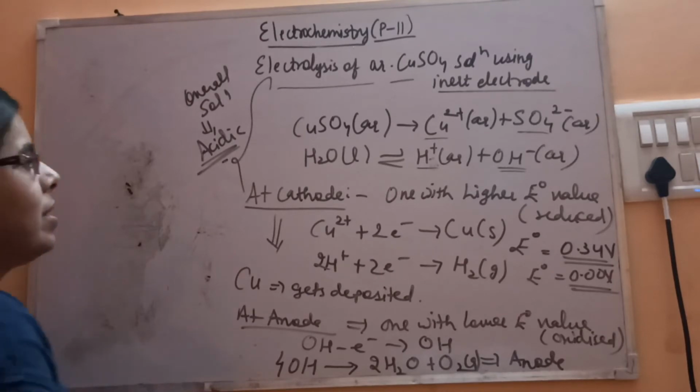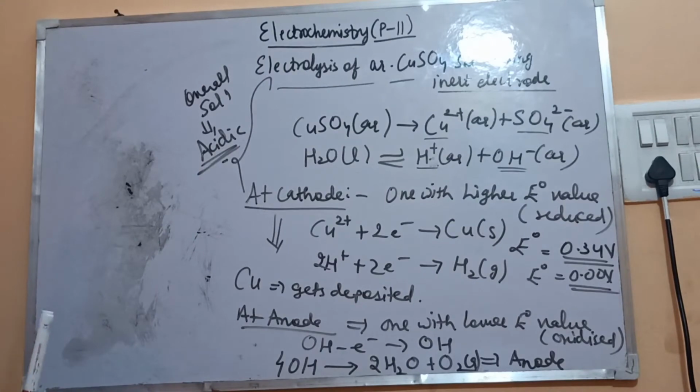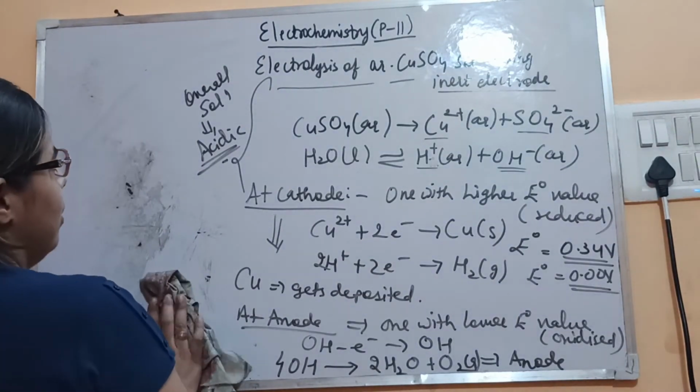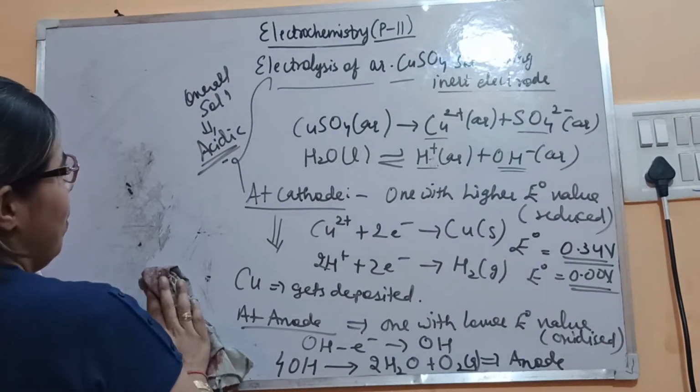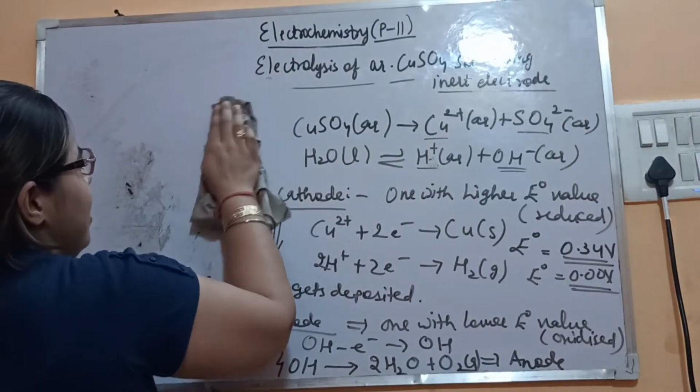Now we'll see the products using attackable electrodes, for example copper. In that case, the electrode will also take part in the reaction. So let's see what will happen.